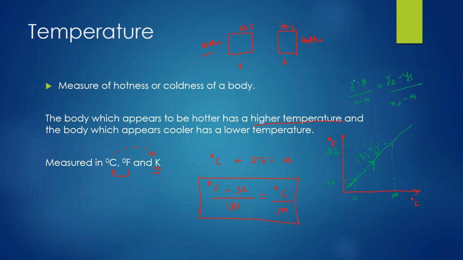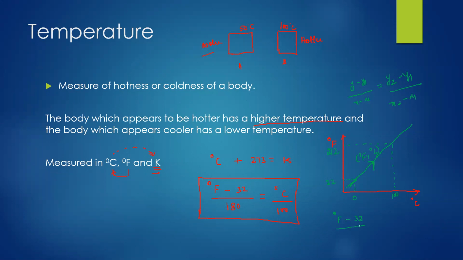Over here, x1, y1 are going to be 0 and 32, while x2, y2 are going to be 100 and 212.